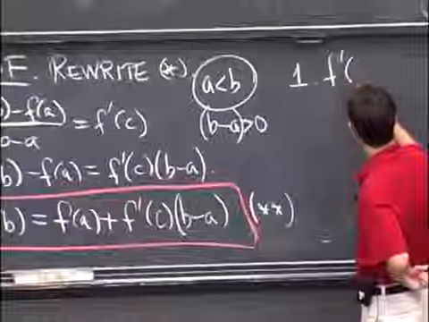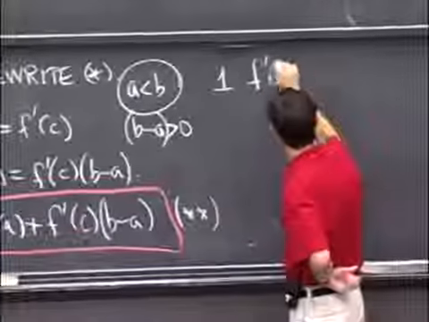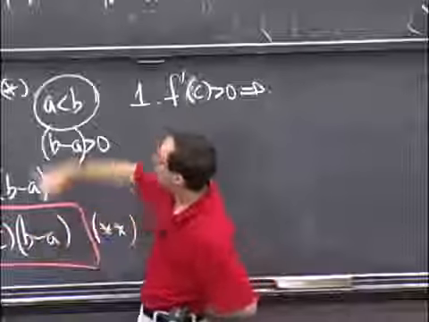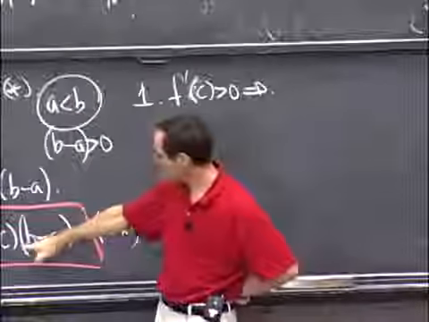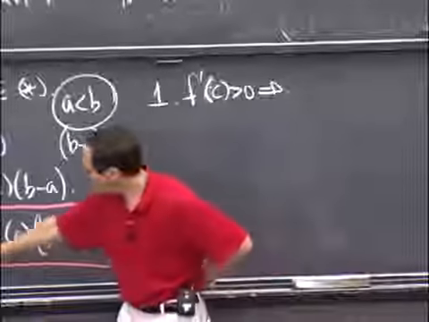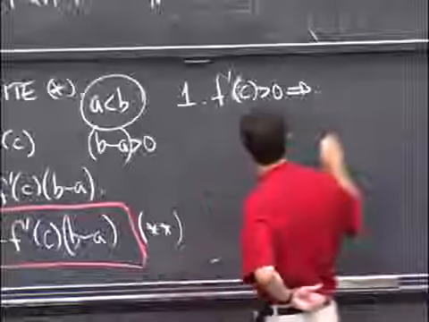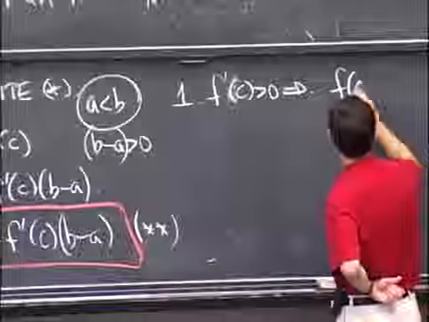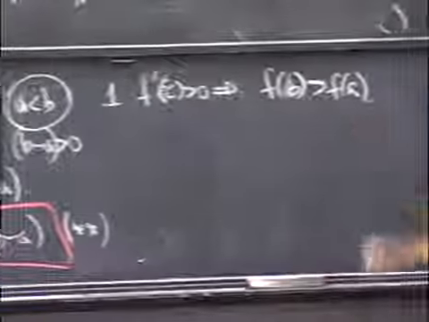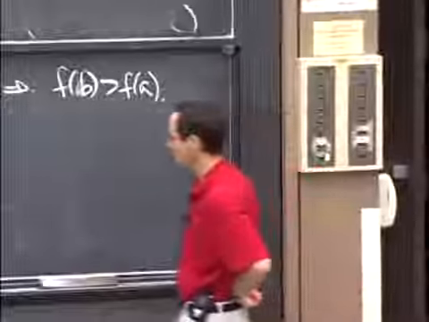If f prime is positive, which is what happens in the first case, that's the assumption that we're making, then this is a positive number, and so f of b is more than f of a. Which means that it's increasing. It goes up as the value goes up.